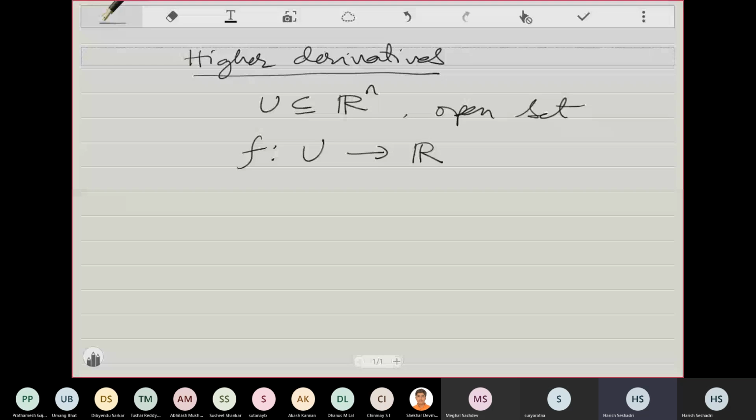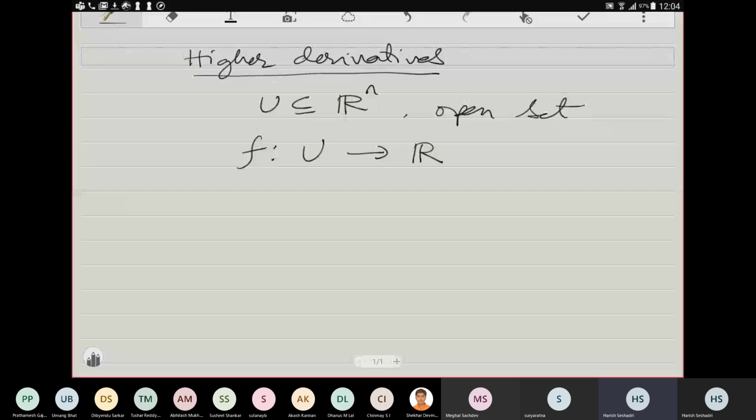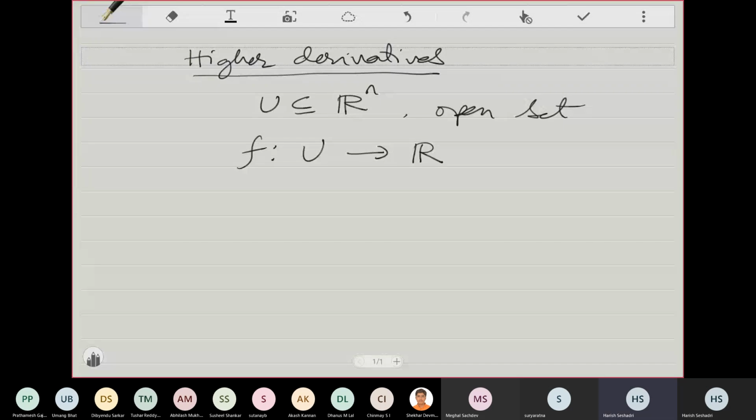Now, just like the first derivative was interpreted as a linear transformation, there are ways of talking about the higher derivatives in abstract terms as multilinear functions and so on. But that's not so useful as the first derivative as a linear transformation.